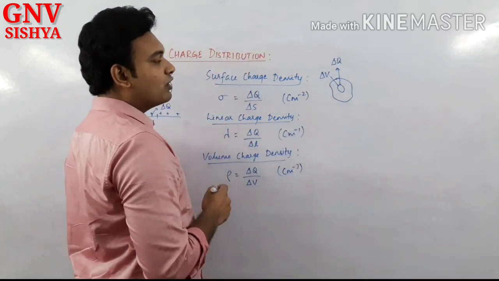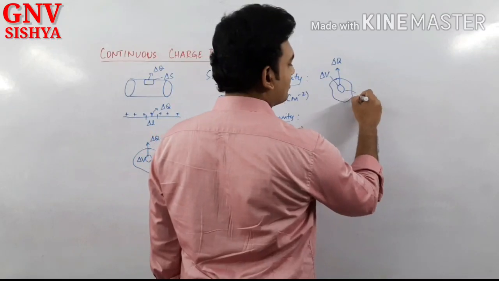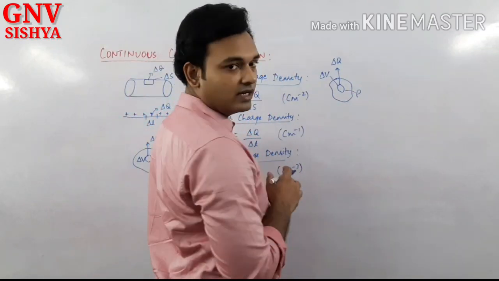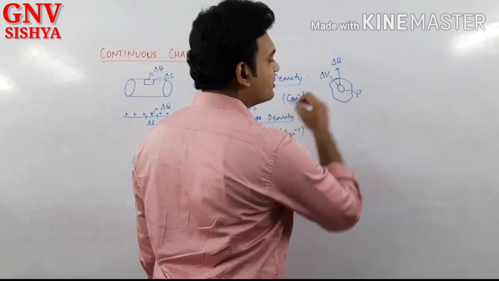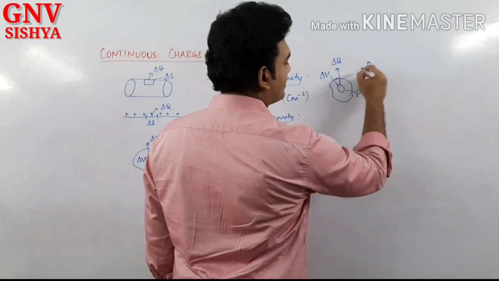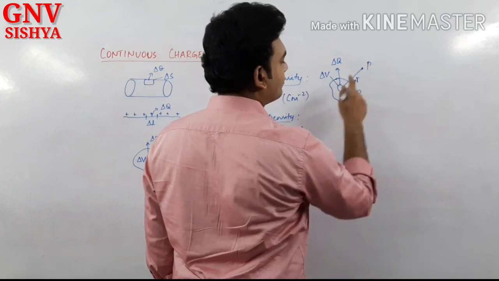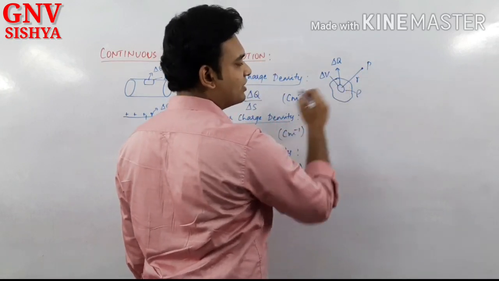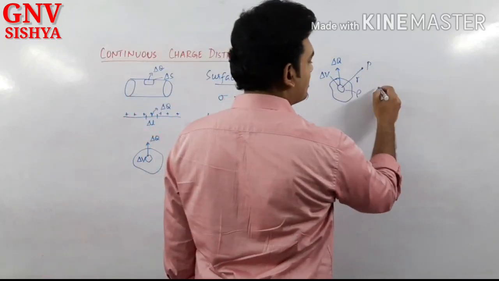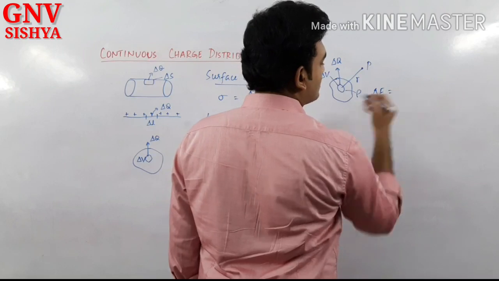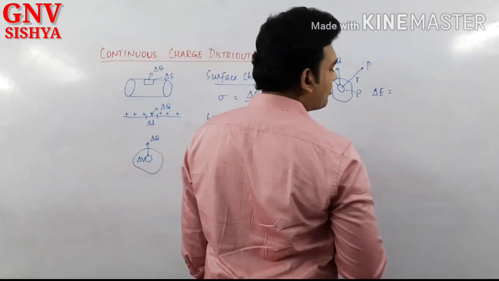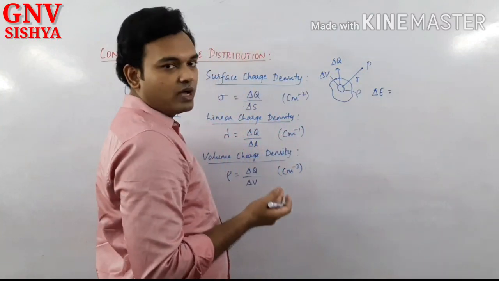The volume charge density will become rho, considering that all the charges are uniformly distributed in that object. Now let us take a point P at a distance of r from del V. How do we calculate the electric field? The electric field due to del V at point P will be del E. It can be calculated using the usual formula, 1 by 4 pi epsilon naught q by r square.